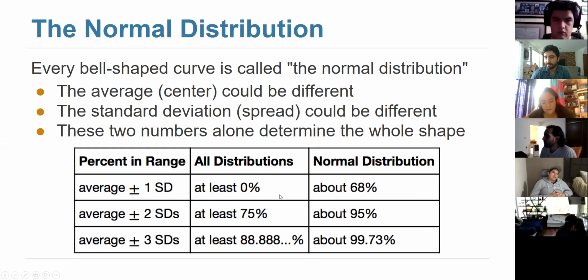And if we remember this table from the Chebyshev inequality, that was telling us that for all distributions, at least 75% of your distribution falls between your average plus or minus 2 standard deviations. But we saw that it's much more useful when we are talking about the normal distribution. So the Chebyshev rules for the normal distribution were different. If you remember, I showed you 5 different histograms and the Chebyshev rule on those.